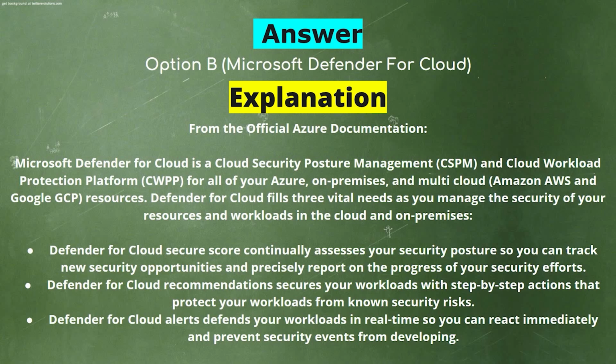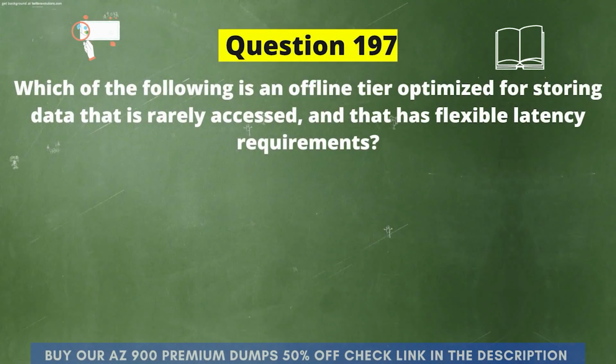Defender for Cloud Secure Score continually assesses your security posture, so you can track new security opportunities and precisely report on the progress of your security efforts. Number 2. Defender for Cloud Recommendations secures your workloads with step-by-step actions that protect your workloads from known security risk. Number 3. Defender for Cloud Alerts defends your workloads in real time, so you can react immediately and prevent security events from developing.